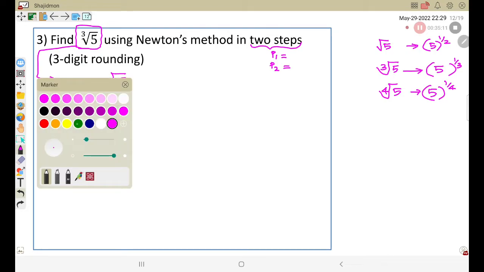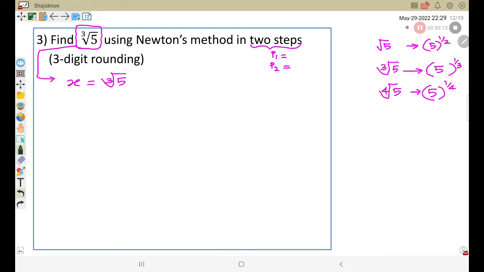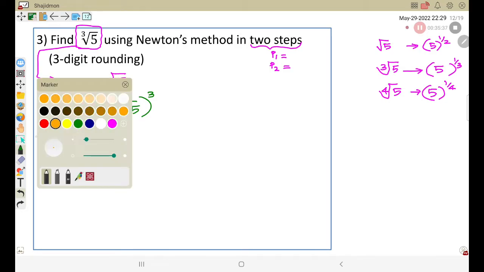Whatever number is given in the question, take it as x. x equal to cube root of 5. Now, for calculation simplicity, delete this cube root. How do we delete the cube root? Take power 3 on both sides. So x power 3 equals cube root of 5 all power 3. Why are we taking power 3?